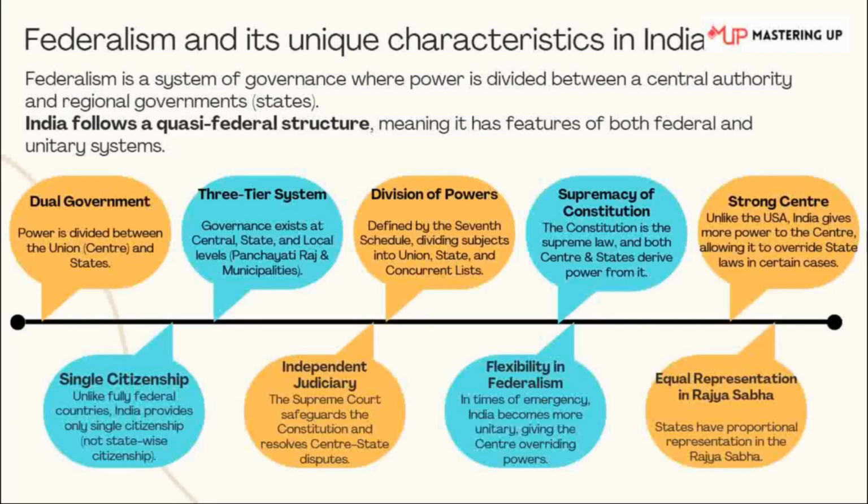Strong center. Unlike the USA, India gives more power to the center, allowing it to override states' laws in certain cases. Single citizenship. Unlike fully federal countries, India provides only single citizenship, not state-wide citizenship.